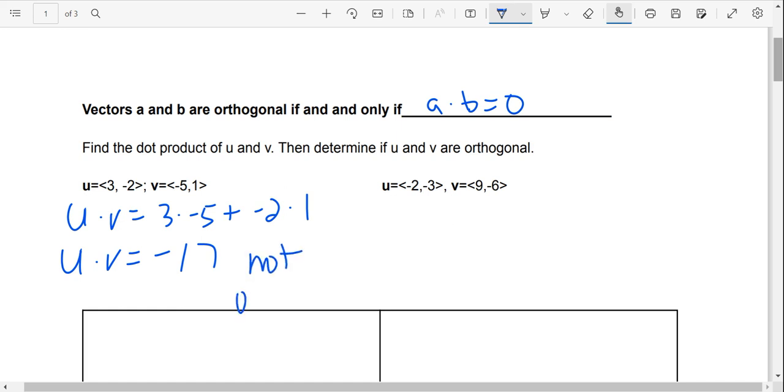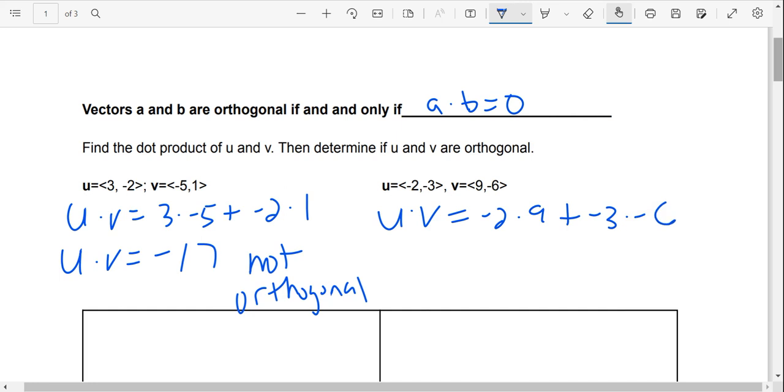Not orthogonal. Over here, we have the dot product of U and V, which will get us negative 2 times 9 plus negative 3 times negative 6, which will get us negative 18 plus 18, which is equal to 0. Is that orthogonal? Yes. Cool.